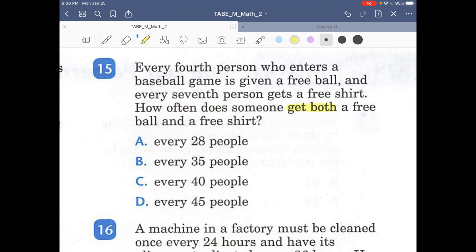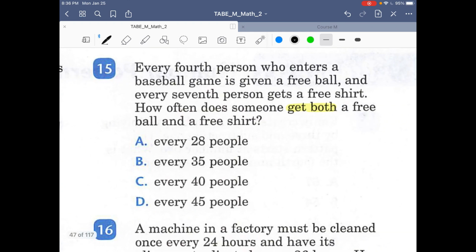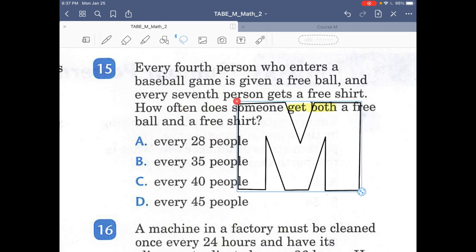So that's another way of saying the same suggestion as these other keywords, the same page. I didn't explain that very well, did I? But I need a least common multiple.